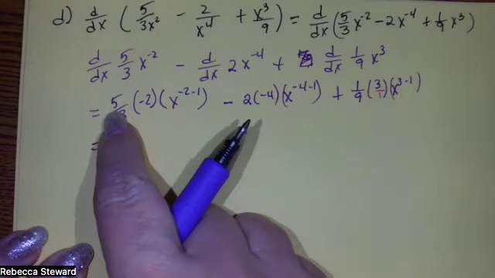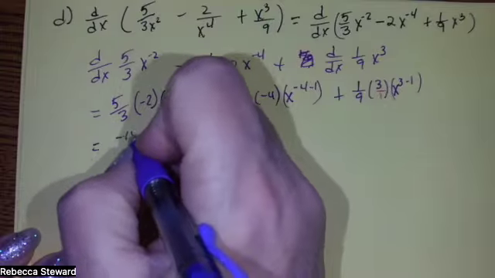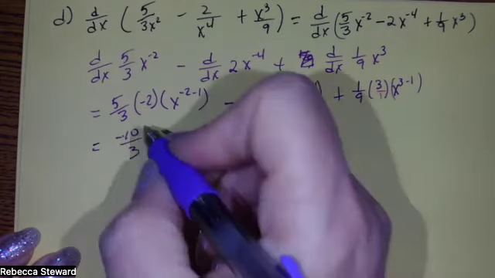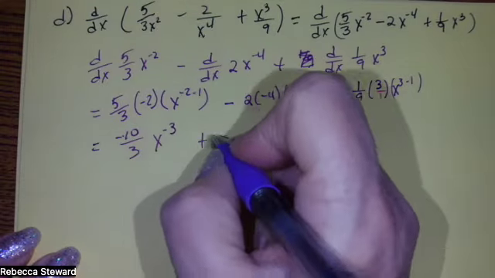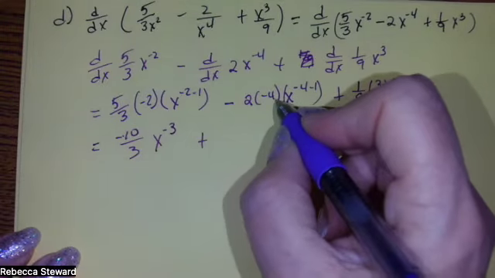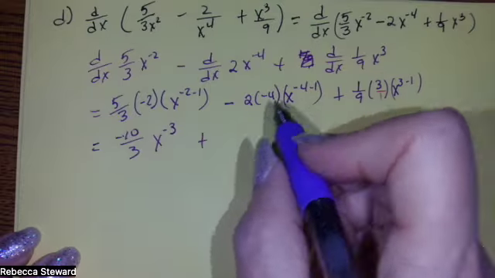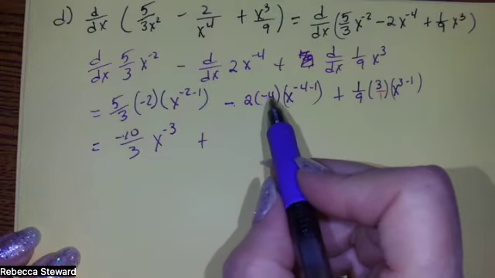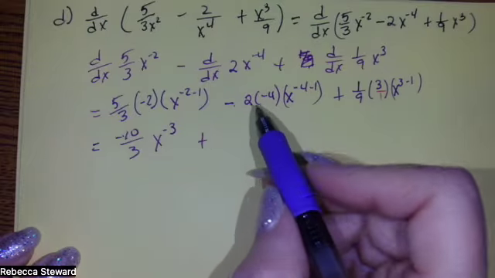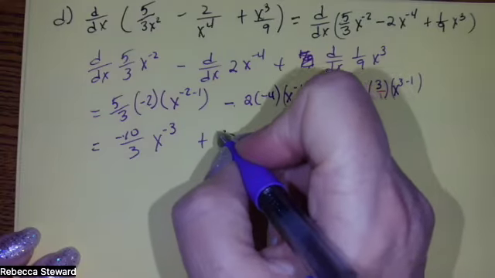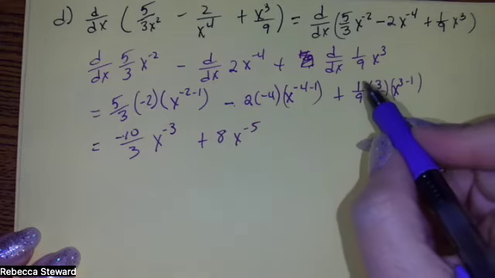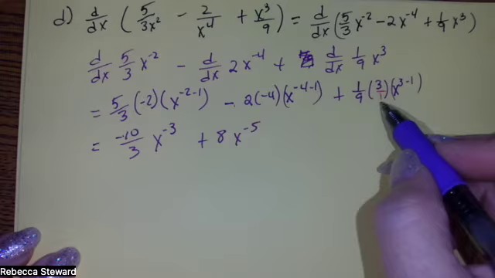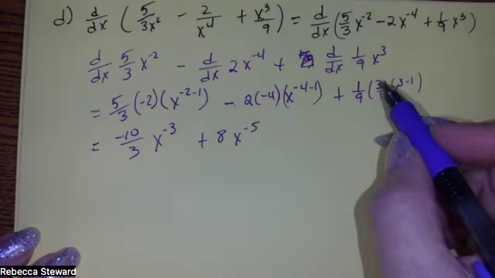All right, so now we have 5 times negative 2 will get us negative 10 over 3, and this will get us x to the negative 3, plus 2 times negative 4, negative 2 times negative 4 will get us a positive 8 x to the negative 5, and then we have 1/9 times 3 over 1, so that will take us down.